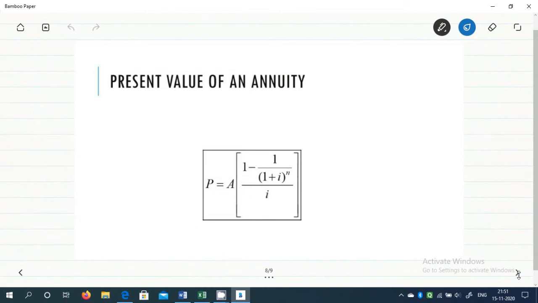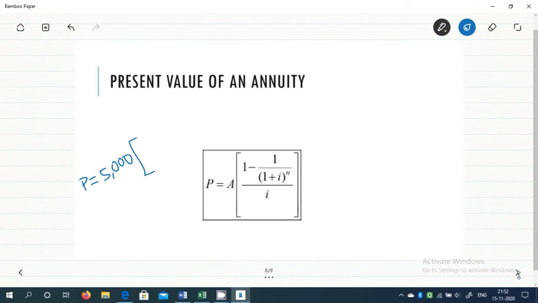If the rate of interest is 10%, then what is the present value of the 5,000 annuity? We will find it this way: P, the present value, equal to A, the annuity we are getting, 5,000.